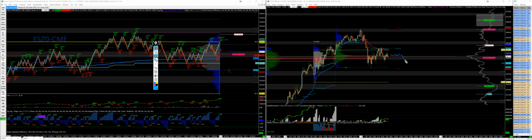My scenario 1 includes test of the overnight low or the value area low here. Test of the overnight low, value area low from yesterday. Explore the other side of the value area of the pit session, day session. Pull back to the VPOC.